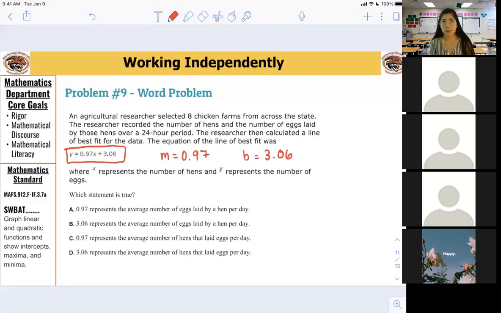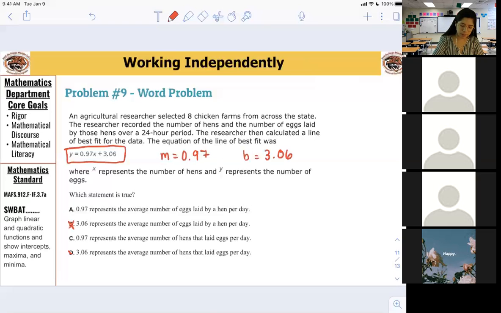Remember that when we talk about slope, what's the key word that I always bring up for slope? Per, each, every. Okay, rate of change. So when you look at our answer choices, are there any that I can eliminate based on that information? Alyssa says B and D. Good.